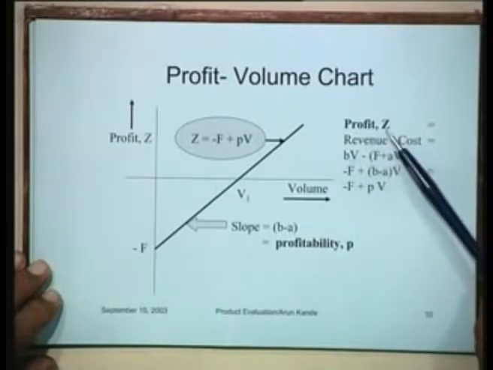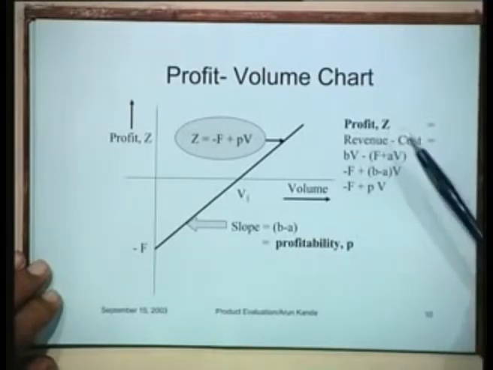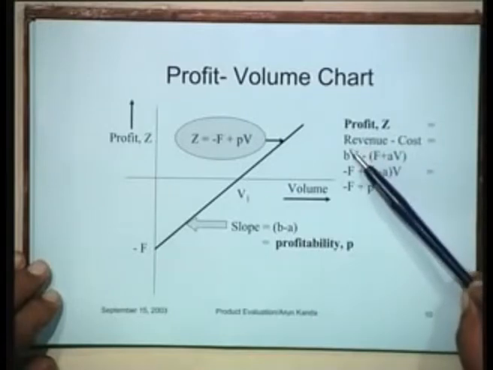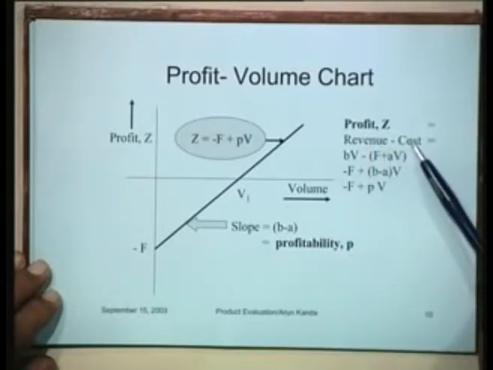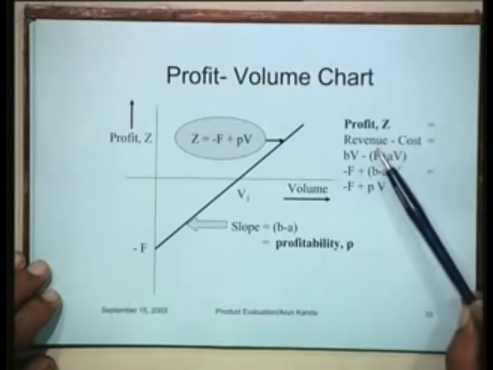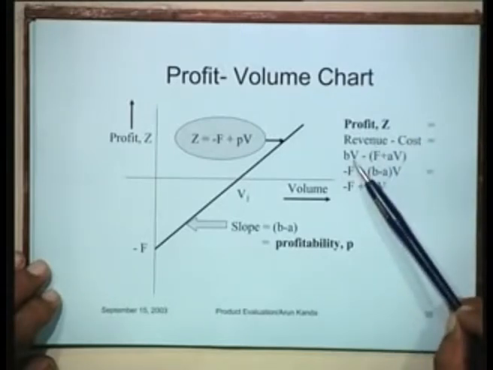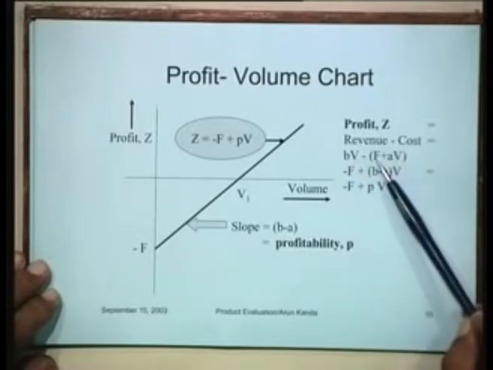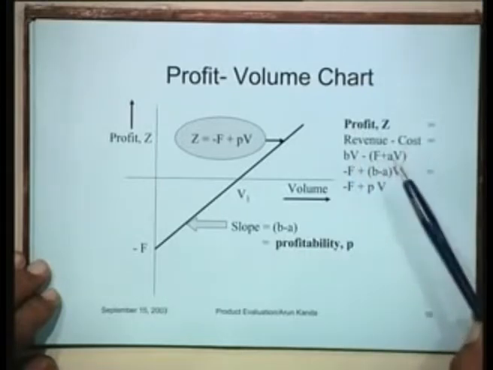The profit Z at any particular point of time is nothing but the difference between the revenue and the cost. Okay? And we have seen that the revenue is BV for any volume of sales, minus the fixed cost, which is F plus AV.